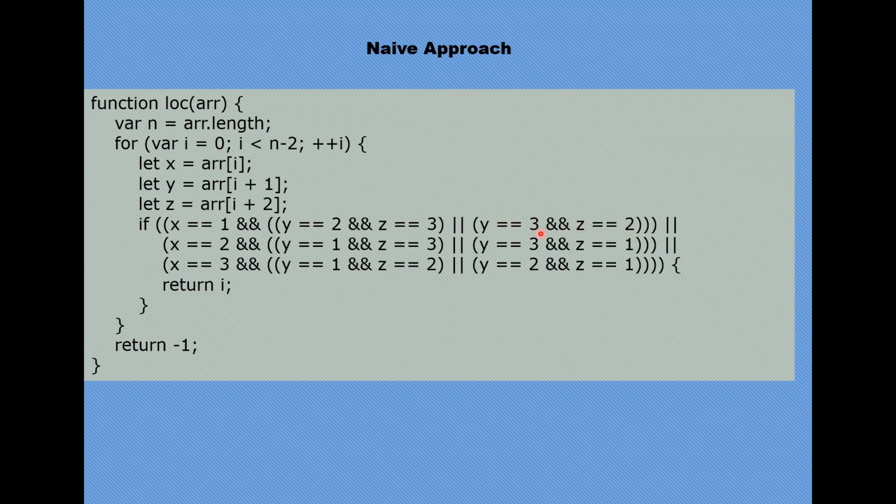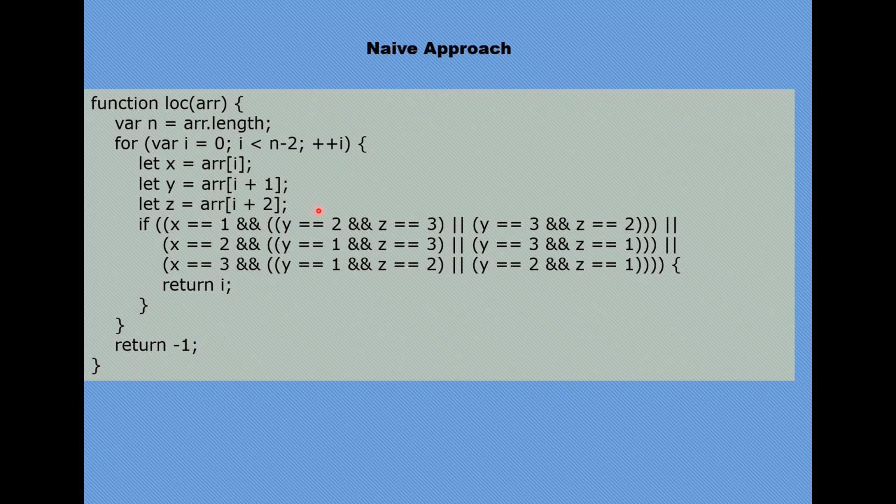This is just one condition, and similarly we are repeating this condition for the current element being 2 and the current element being 3. If this condition matches, then we are returning the current location, which is I. Otherwise, if it comes out of the loop, we are simply returning minus 1.